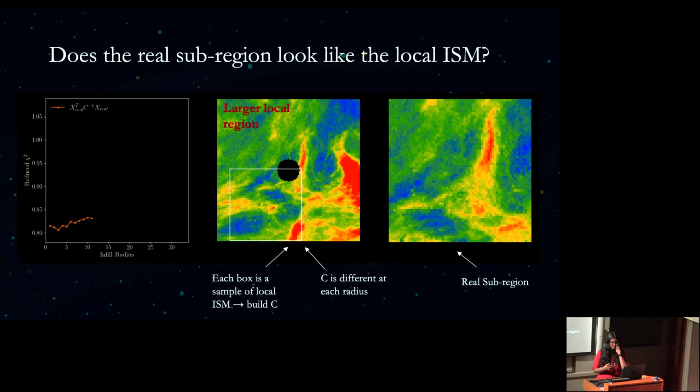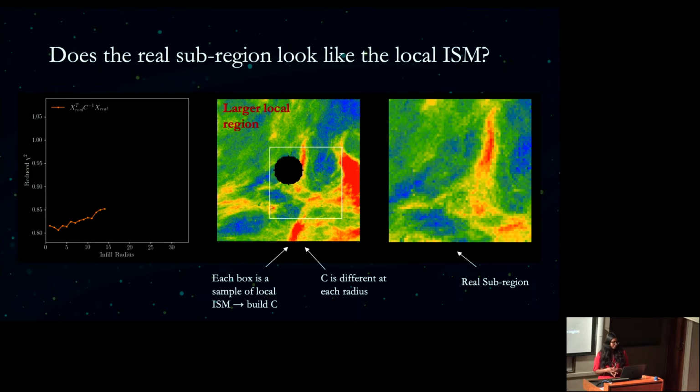And here, we're looking at the real image subregion and comparing it to our local ISM-built distribution. The reminder is that as you're changing your value of the infill radius, this distribution looks slightly different because you're building it off of only the pixels that are unmasked.